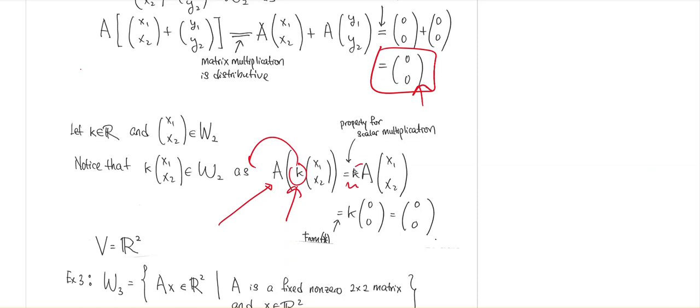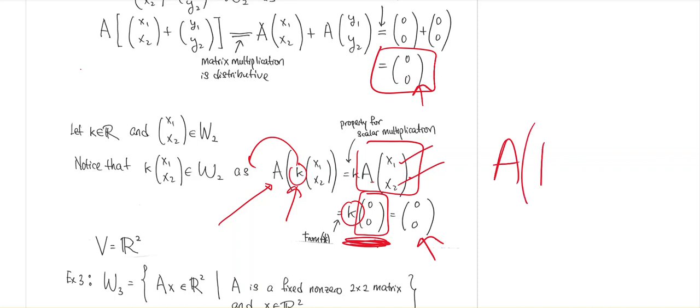So I took that number out, and then this one here will be 0, 0, because x1, x2 are not any 2 by 1 matrix. They are not just any column vectors. They are the ones that make A multiplied by this equal to 0, 0. K is whatever number we have from before, and this scalar multiplication really gives you 0, 0.